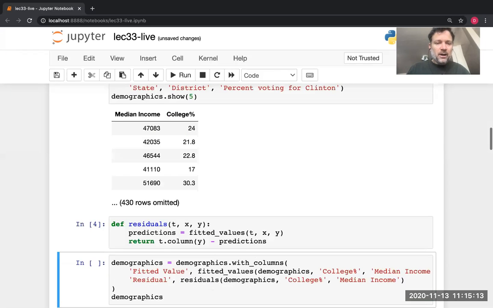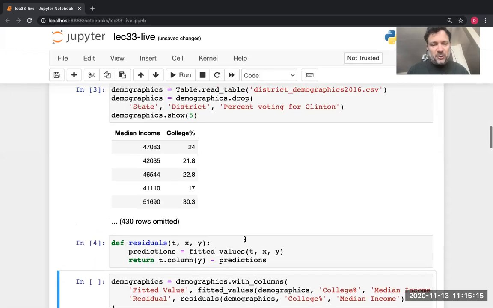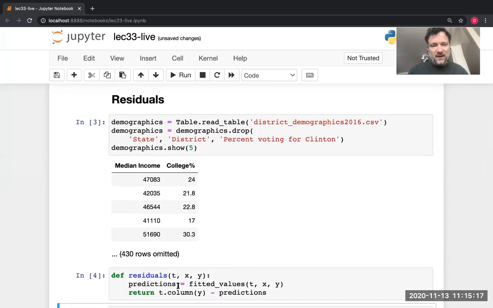Okay, so the residuals, you can compute the residuals by computing a best fit line, computing the predictions. So for each row here, we have an X, which is the college percentage, and a Y, which is the median income. And we're going to predict the median income from the percentage of people in that district who have a college education.